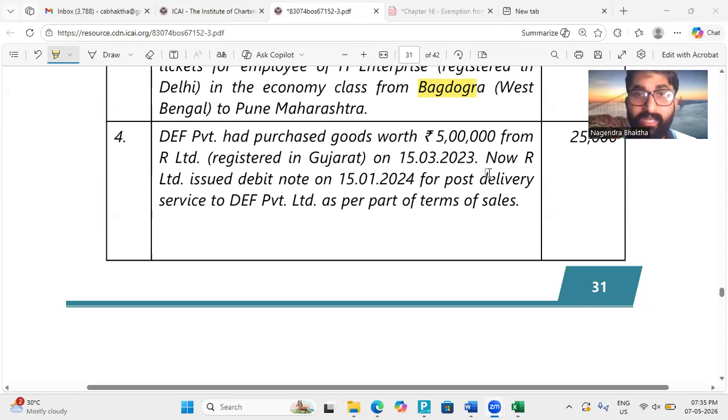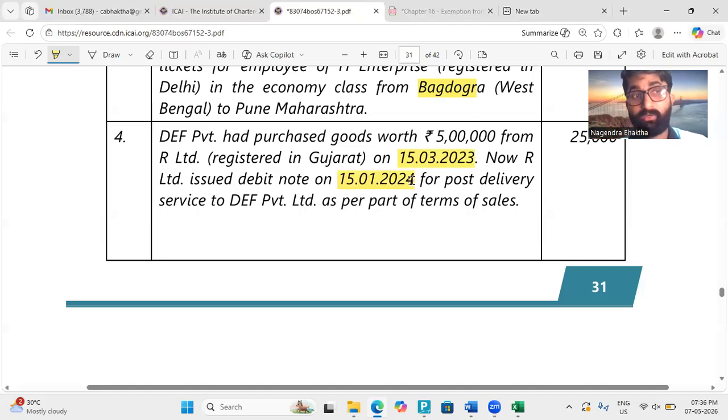So you can take ITC. ITC can be taken. See, this is invoice number. See here, the purchased goods worth 5 lakh. This is invoice date. From the date of debit note, you can take the ITC, from the date of debit note, next financial year.